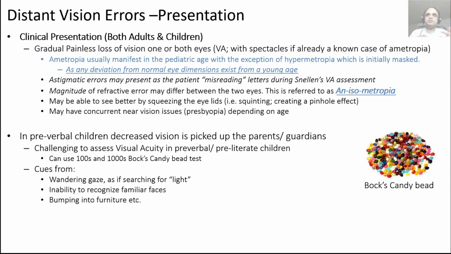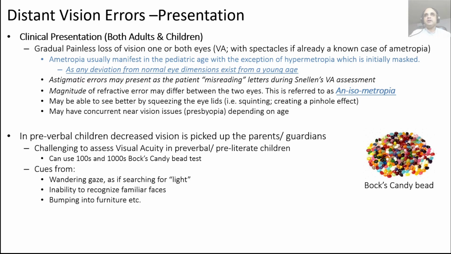So these are the clues that the guardians or the parents are going to get that something is wrong with the vision. And to assess visual acuity in pre-verbals is also a challenge because they can't read the Snellen chart, so you can't use that. They haven't even started to talk, so you can't show them pictures and ask them to match or recognize what they've been shown.